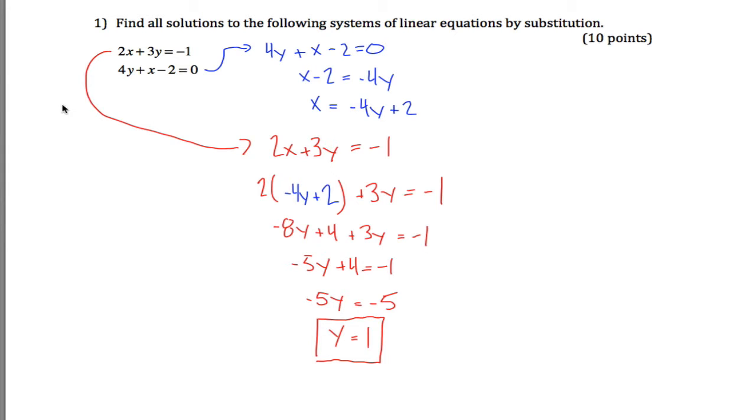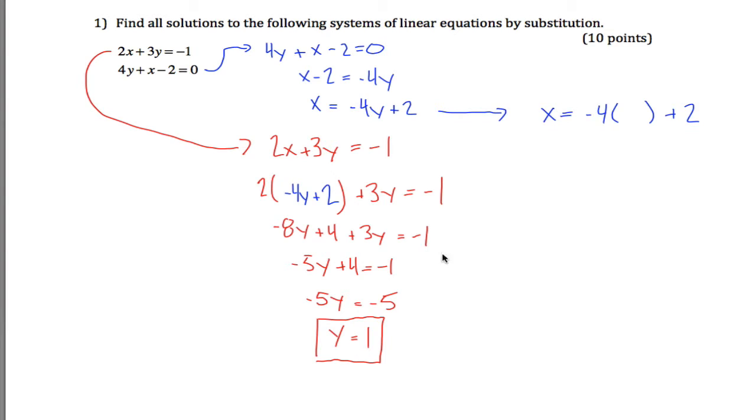Now I can go up here where I solved for x in terms of y. I knew that x was equal to negative 4 times y plus 2. But down below, I figured out that y is equal to 1.